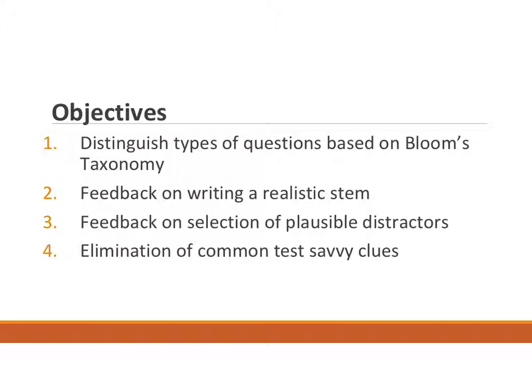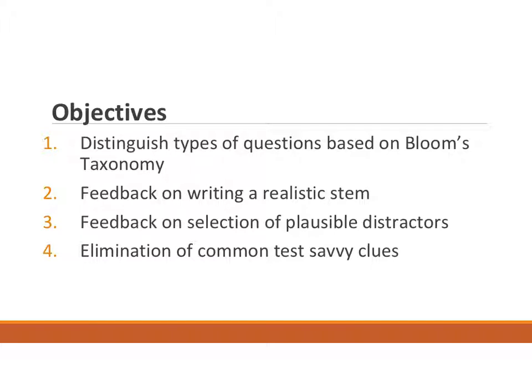So to that end, the objectives of this session are to distinguish the types of a question based on Bloom's taxonomy and why that's important, to discuss and get feedback on realistic test stems and plausible distractors, and then to look at the clues that some students use to answer questions when perhaps they aren't familiar with the material enough to answer it directly.